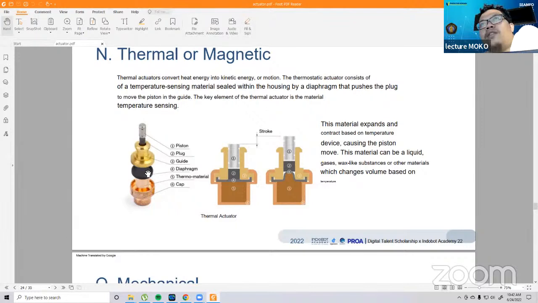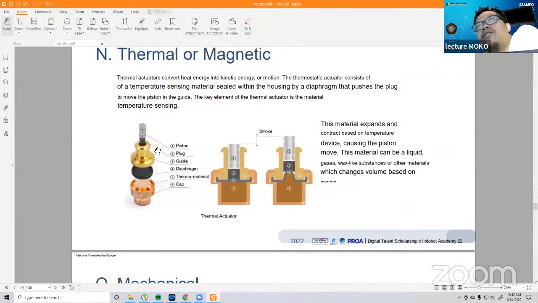So if the temperature increases, the liquid will respond, and it will make this mechanism move to the top, and it will trigger the relay to run the compressor.